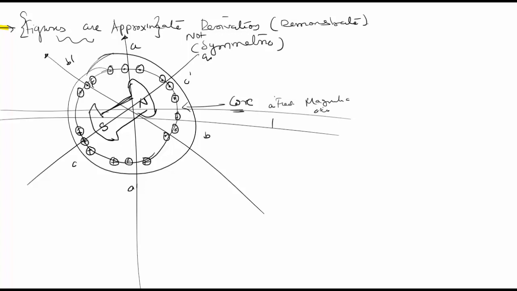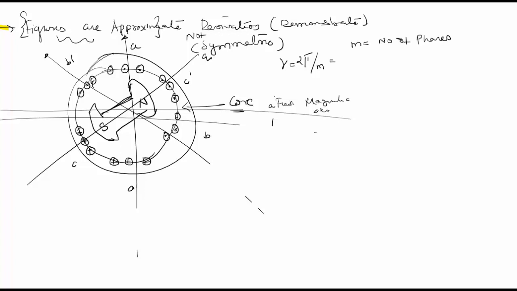I would use this to write some values which I can keep. The first thing is that the phase difference between the voltages is given by lambda is equal to 2 pi divided by m, where m is the number of phases.